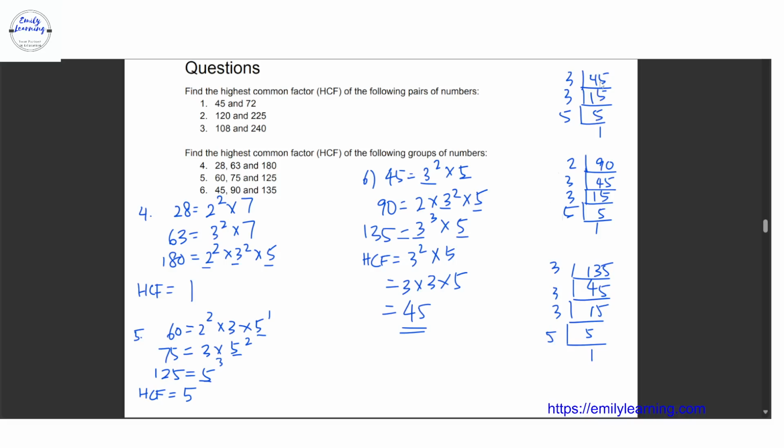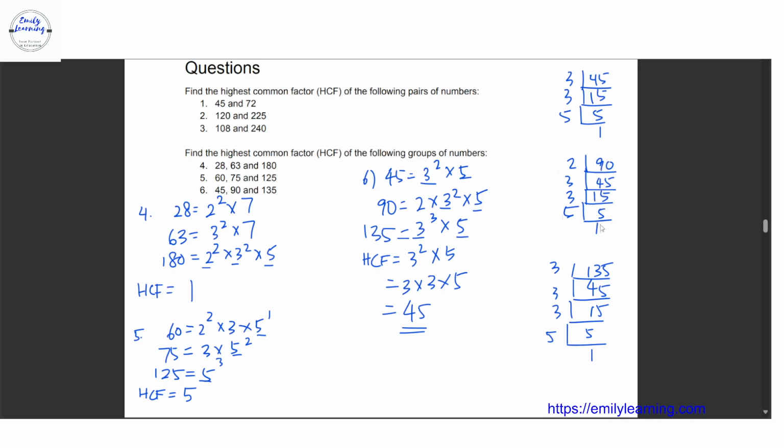In fact, if you take a look at these, all of these are also factors of the numbers. So the factors of 45 include 45, 15, 5, 1, as well as 3 and 5. The factors of 90 include 2, 3, 5, 90, 45.